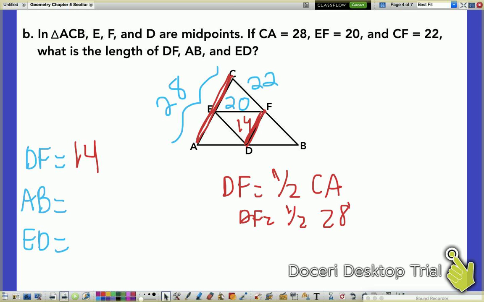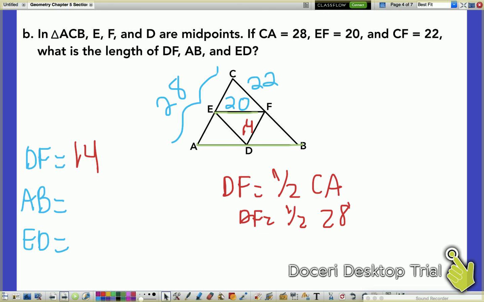Okay, now I get with this stylus, I scribble, and so it's hard to see. Okay, now they want AB, which is this. Let me change colors. Here is AB.